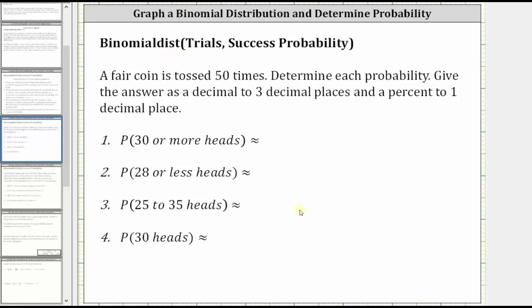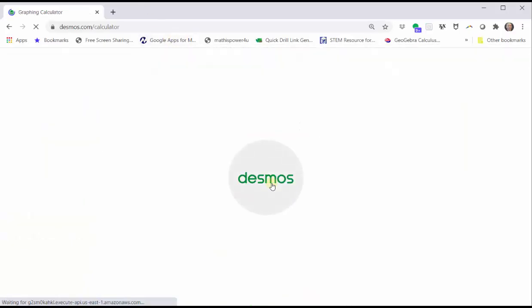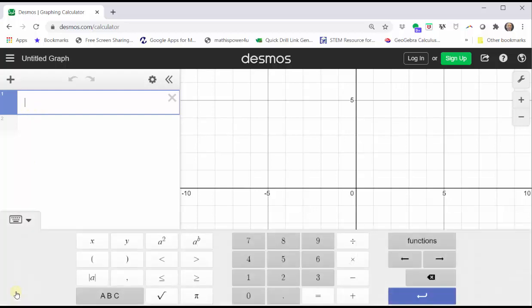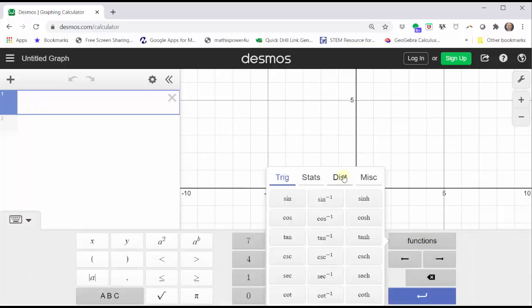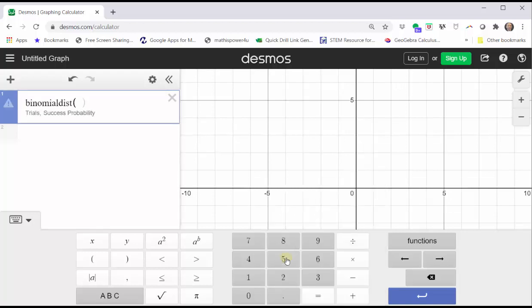To begin, we go to Desmos.com and click Graphing Calculator. In cell 1, we can either type in binomial dist, or from the Desmos keypad, click Functions, click Distribution, and click Binomial dist.